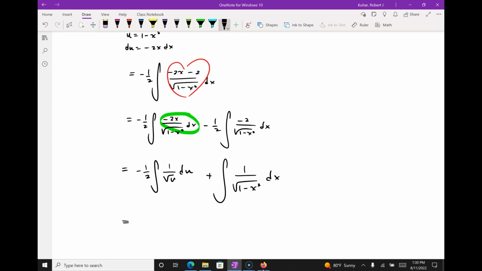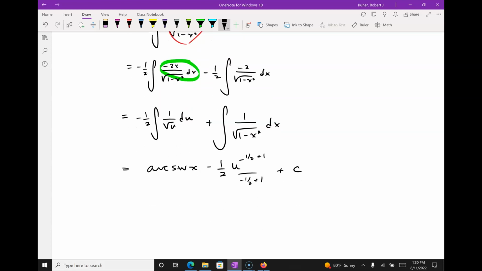So look what I get. I got an arcsine of x, right? Minus 1/2 of u to the minus 1/2, add 1 to the power, divide by the new power, add a constant c. Right? I switched the, right?